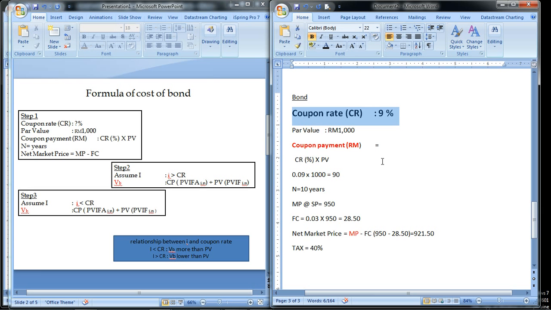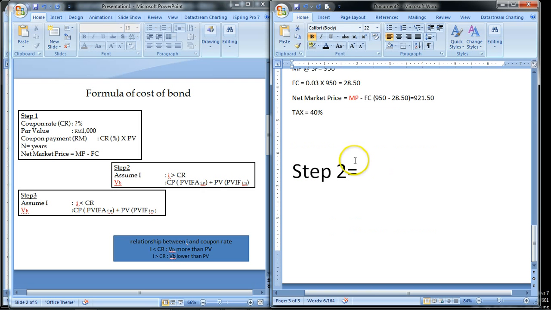If you want to use 10%, no problem too. However, I want to standardize so all the students use the same assumption. So you assume I is 11%, with the difference being 2% compared to your coupon rate.